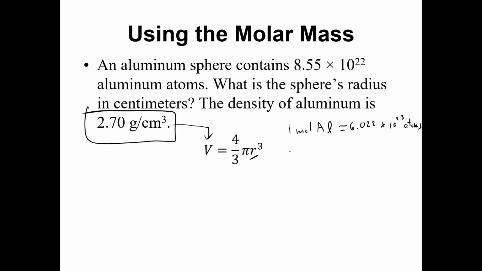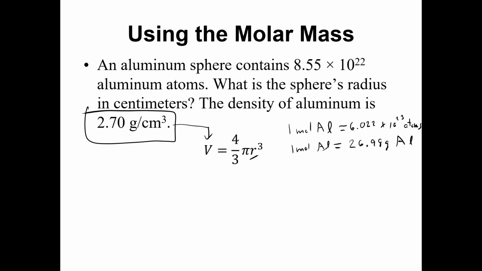I also know that 1 mole of aluminum equals 26.98 grams of aluminum.